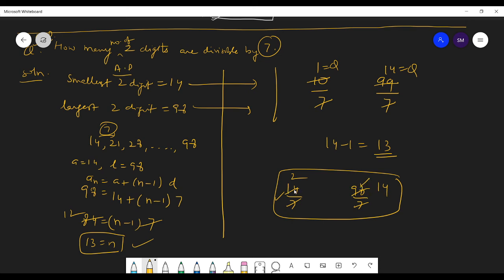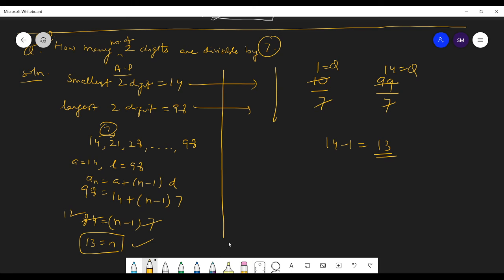So either you are skipping 14 or you are skipping 98. So students, this is a shortcut. I hope you have understood this.